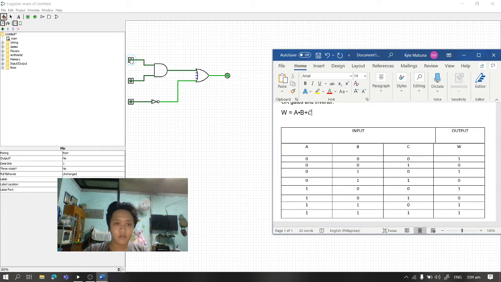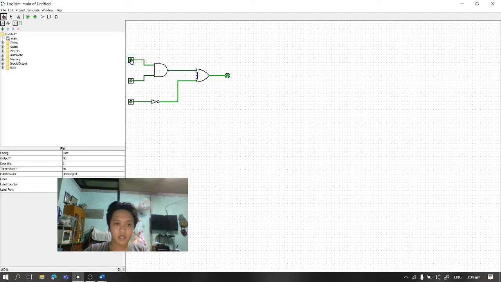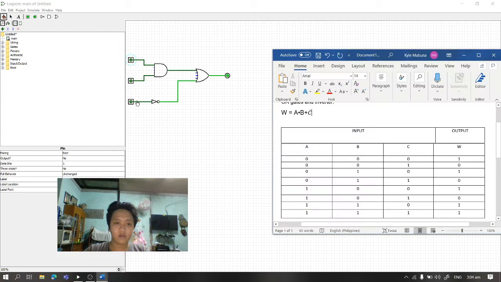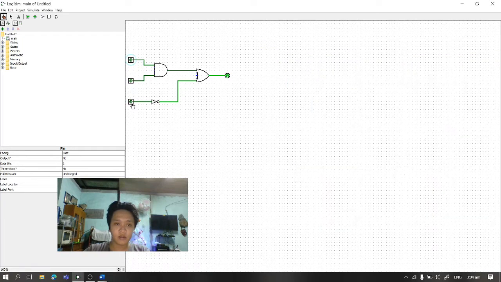If A and B are 0 and C is 1, then the output is 0.